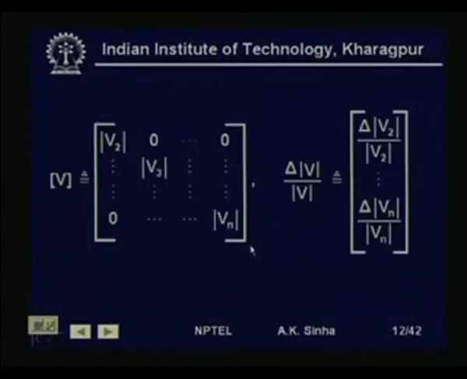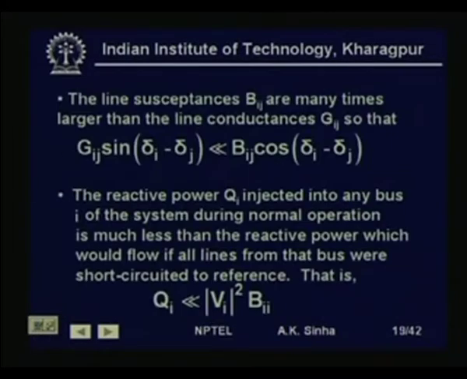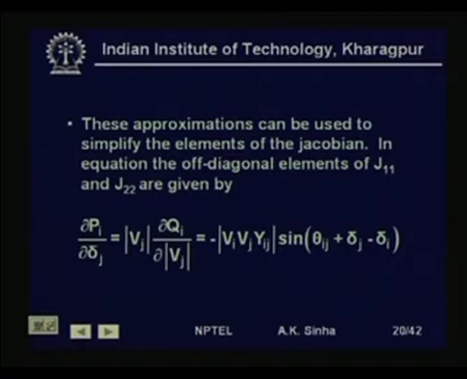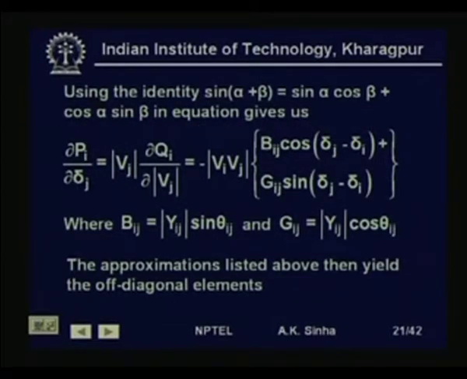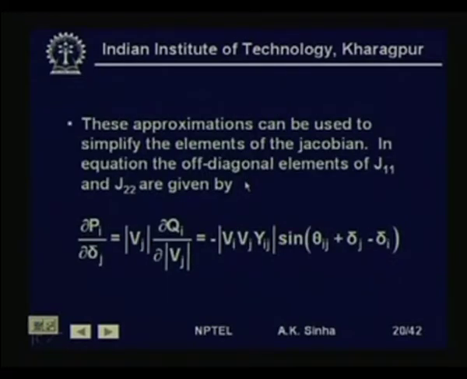Let me go back and see this from another equation. Now, if we see this term for Q i, it will be V i V j into Y ij sin(theta ij plus delta j minus delta i).